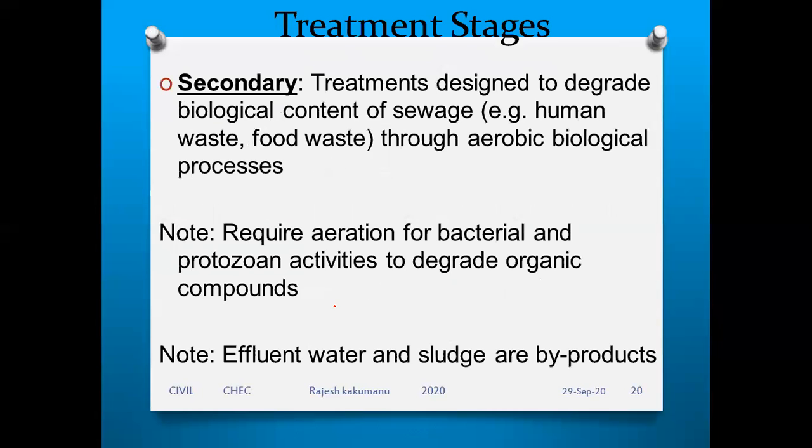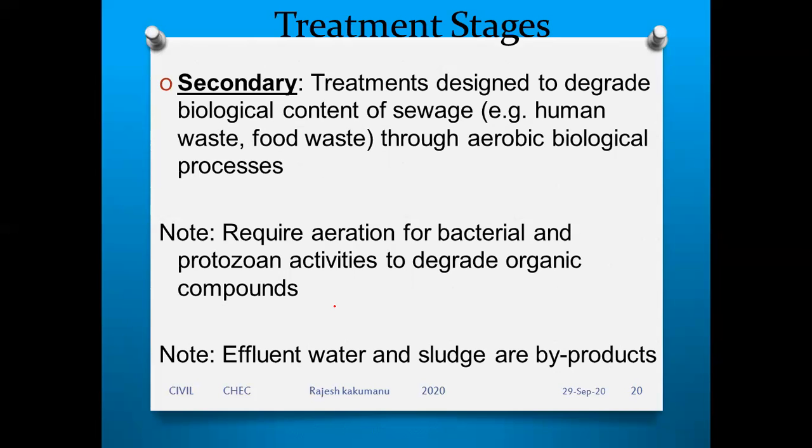Next, secondary treatment process. In the secondary process, treatment is designed to degrade the biological content of sewage, that is human waste and food waste. It is designed to degrade this content through aerobic biological processes. So in the secondary process, generally we go with biological content, right? Removal of the microorganisms.